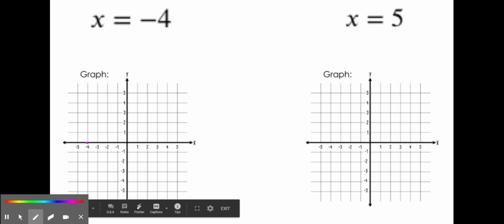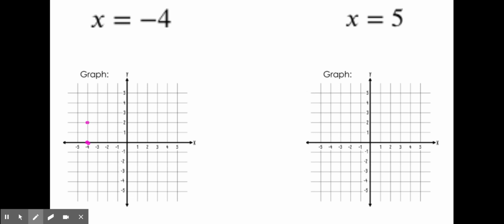And maybe if I had the marker picked, that would be better. So x is -4. So I'm going to pick a couple of points where x is -4. There's -4, 0, -4, 2, -4, 4. I'm going to draw, or attempt to, and I get the vertical line x equals -4.